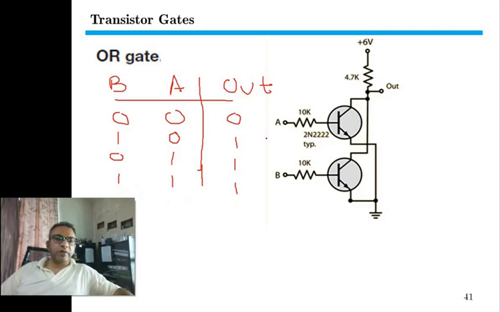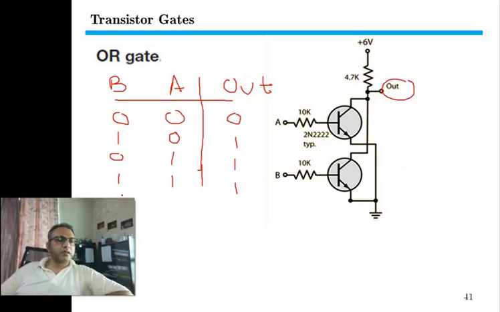We have implemented the OR gate using two transistors in the circuit shown above, and here is the output signal. So this is the OR gate. In fact, we can implement all Boolean algebra using transistor gates.